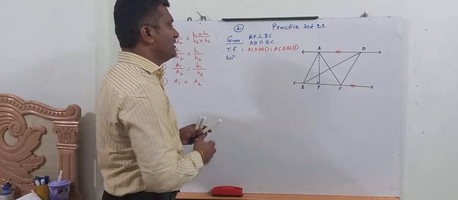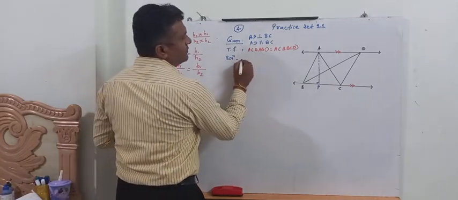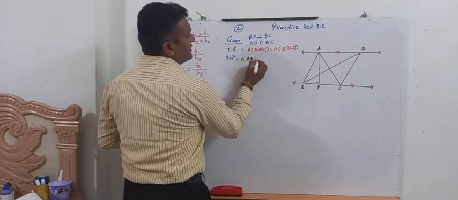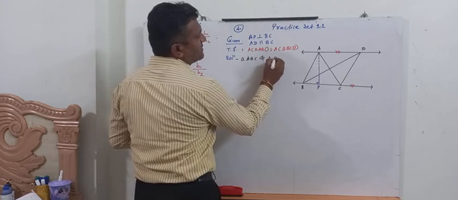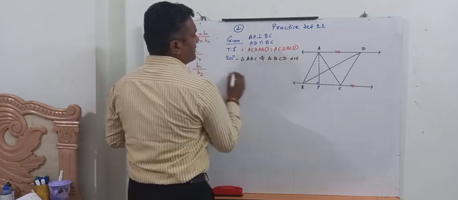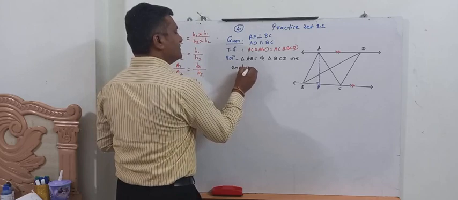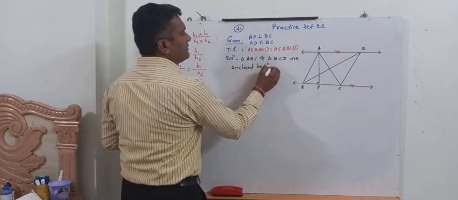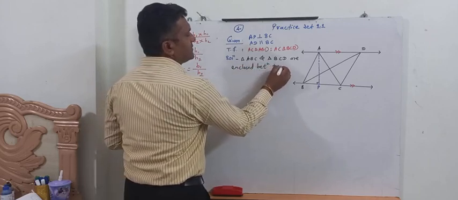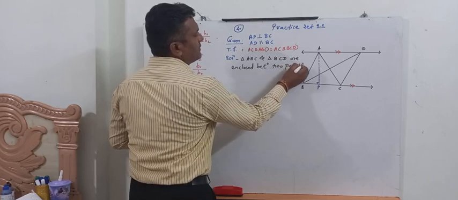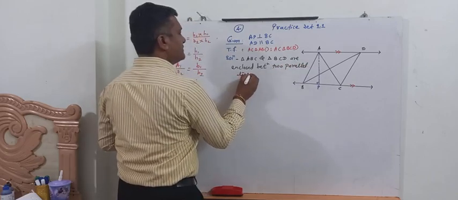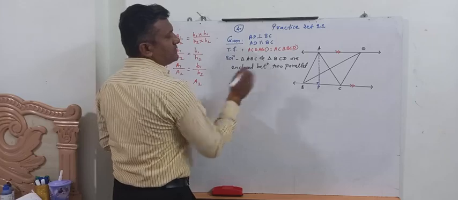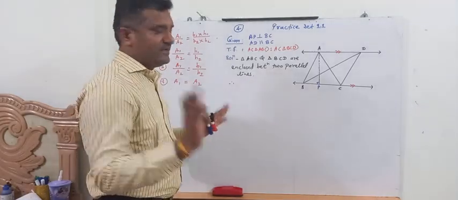So straightforwardly what we can say here, triangle ABC and triangle BCD are enclosed between two parallel lines. Therefore, triangles having equal height.